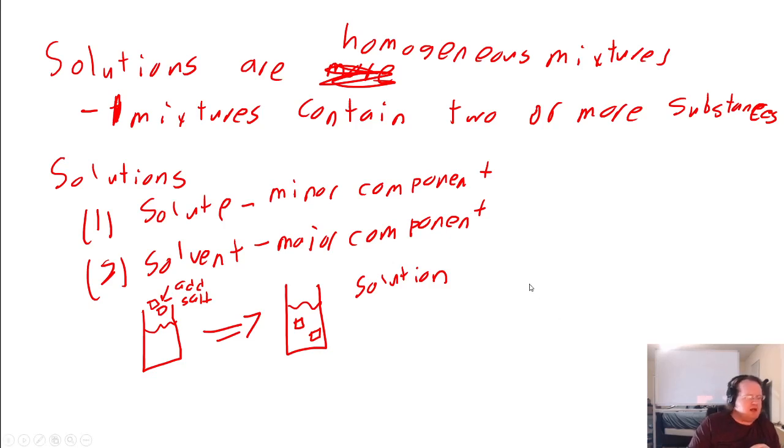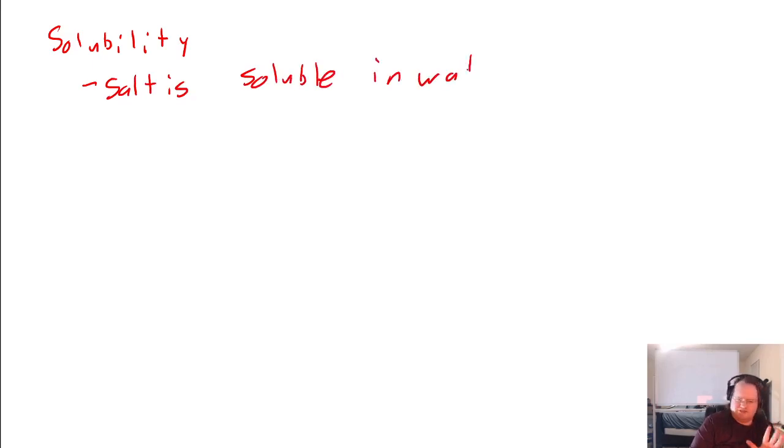Now, another term we're going to use a lot is the word solubility, to describe how well one thing dissolves in another. For example, salt is soluble in water. And I specifically mean table salt here. Salt can mean lots of different things, but we're talking about table salt here.